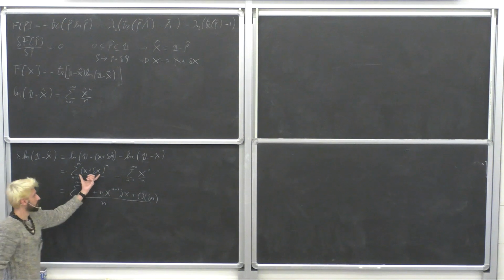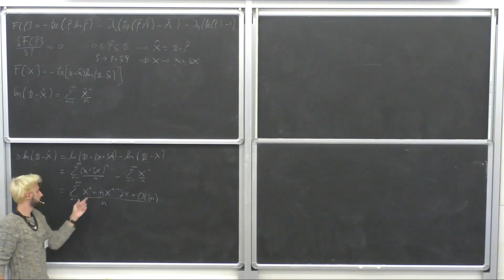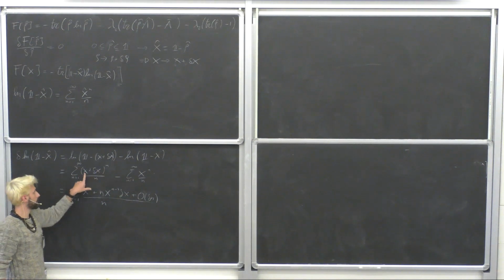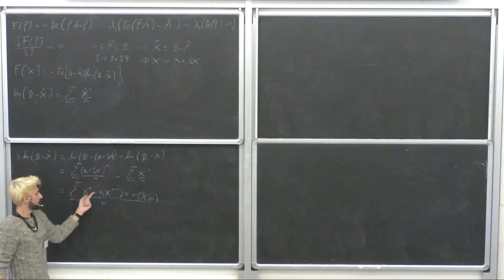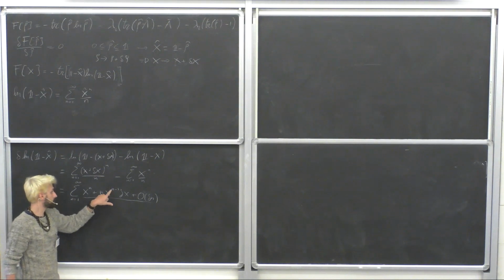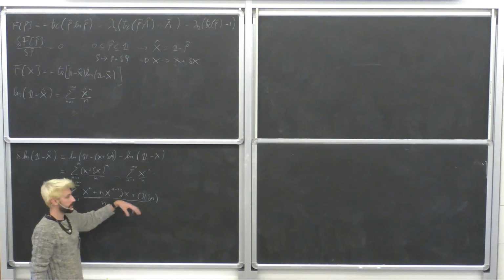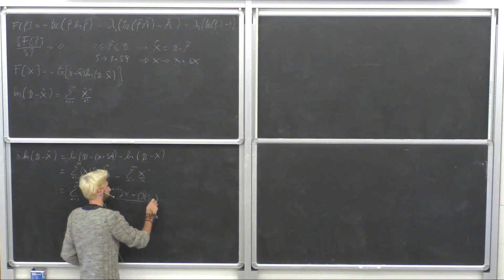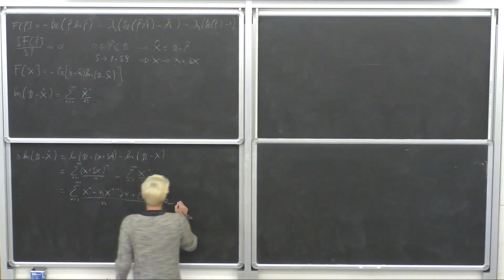So here I am expanding this power. We have a leading term x to the n plus the n times the product of x to the n minus 1 times delta x, and then we would have higher order in delta x. Then we have this.